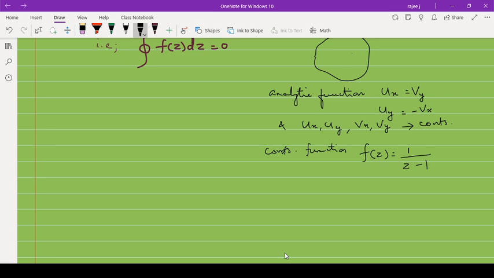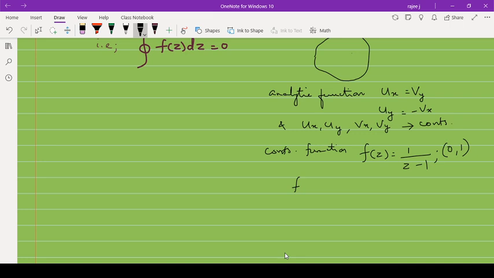Then this function is said to be continuous if its value exists at a particular point. So suppose this is given in the interval 0 to 1. Then this function is continuous within this interval. In the open interval 0, 1, this function is continuous.